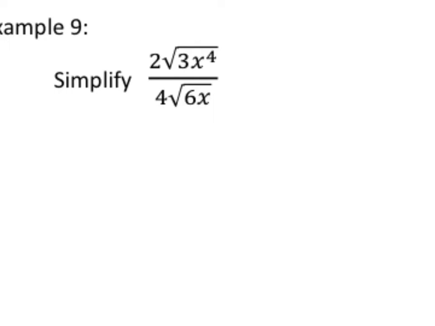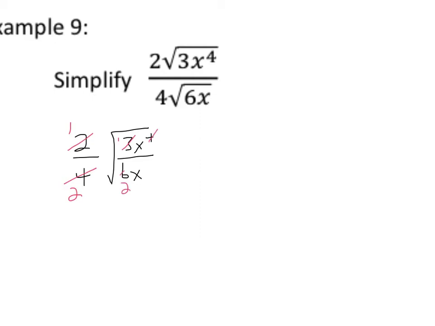Next one, again I'm going to try and do the same thing. So I have 2/4, which I can simplify right away if I want, and I have the root of one big fraction. So I'm going to do this because we can. There's a 1 and there's a 2. 3 is a 1 and 6 is a 2.